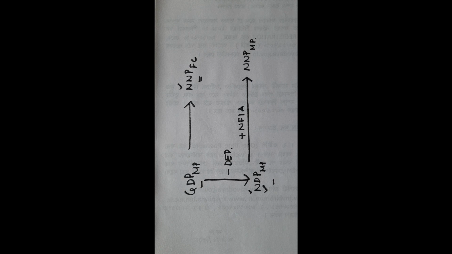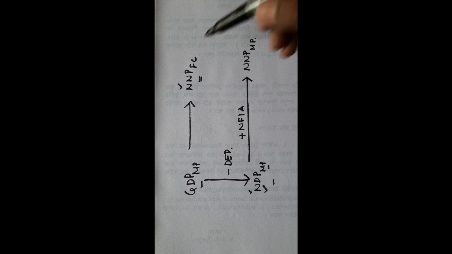NFIA is net factor income from abroad. This is the difference between the income that comes from abroad and the income that is paid to the rest of the world. So to the value of net domestic product at market price, we add the value of NFIA. So NDP at market price is converted into NNP at market price.